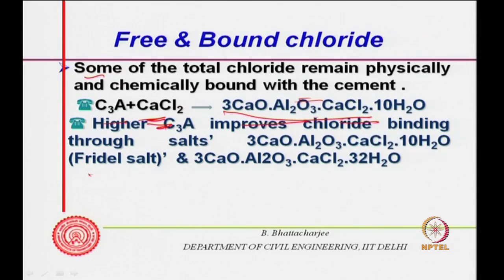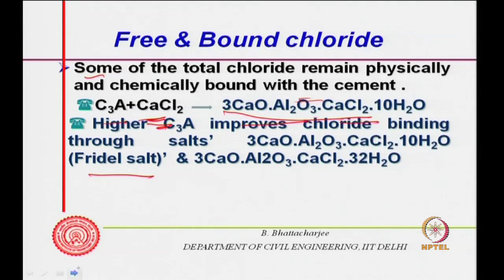These are called Friedel salts, right. So, chloroaluminate salts, they are Friedel salts, and C3A binds it. Some could be physically adsorbed and they are also immobile, not water soluble. So, chemically bound chloride is not water soluble and would not contribute to depassivation, but it can later on become soluble, and there could be a problem.